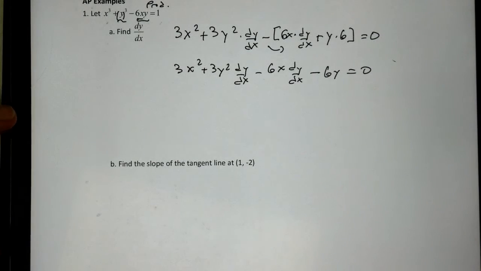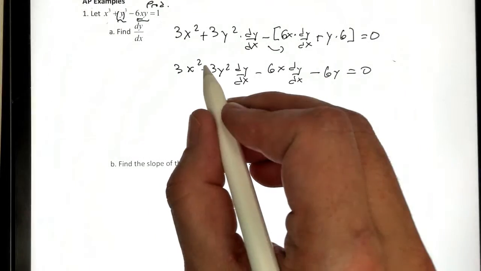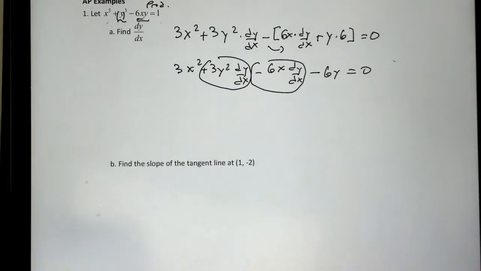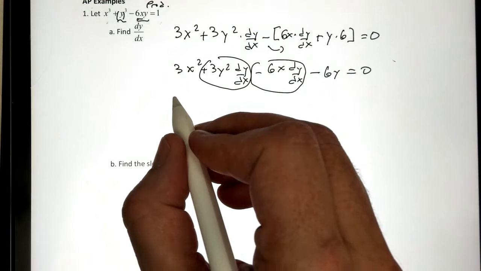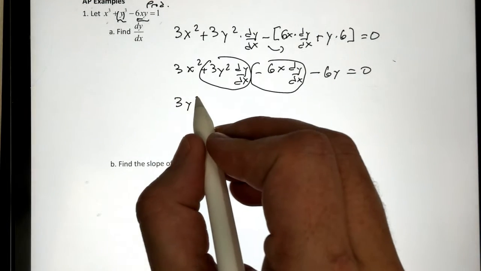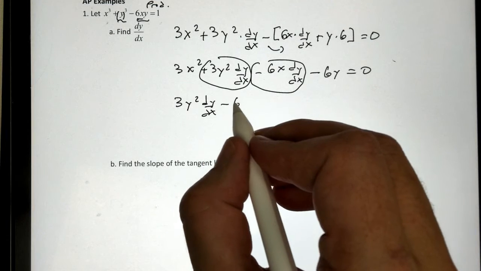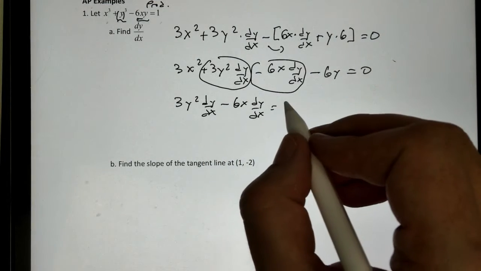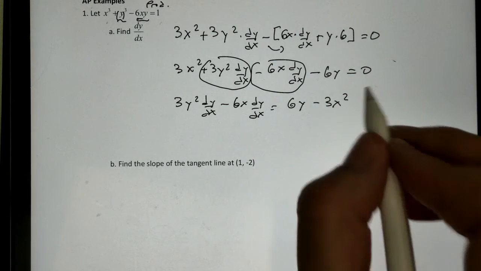These are ugly, but they're not terribly bad, because after this point, we only really care about anything that has a dy and a dx attached to it. Everything else goes over. So this is going to give us 3y squared dy/dx minus 6x dy/dx, and I bring everything else over. We get 6y minus 3x squared.